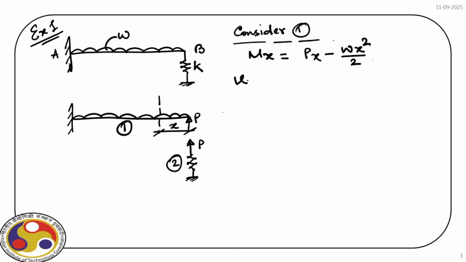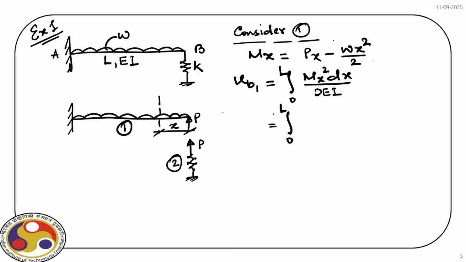So the bending strain energy UB1 is equal to integral 0 to L, length of the beam is L and flexural rigidity is EI, Mx square dx divided by twice EI. So we have 0 to L, in place of Mx we have Px minus omega x square by 2, whole square, dx divided by twice EI.